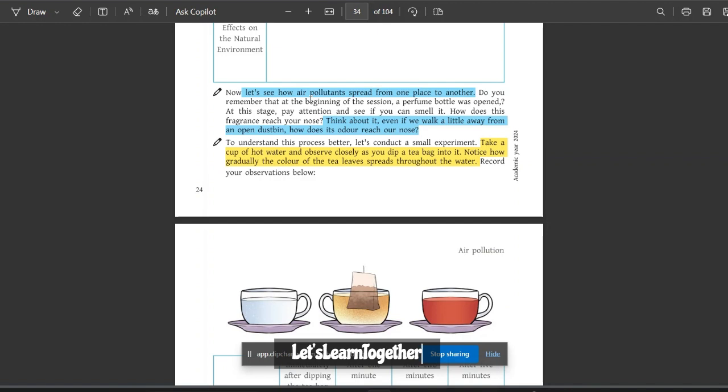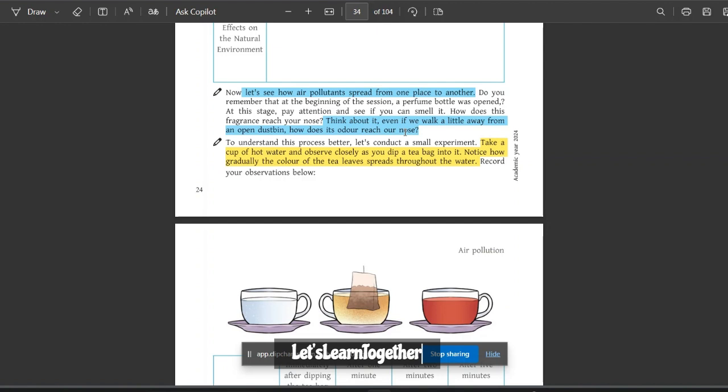And this continues as long as both the regions have equal density. So until they reach an equilibrium, this diffusion process keeps continuing. This is how air pollutants spread from one place to another, from a denser region to another.